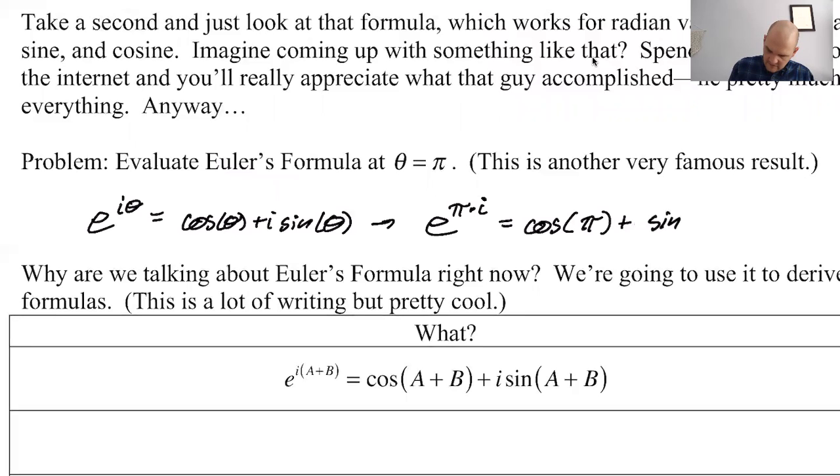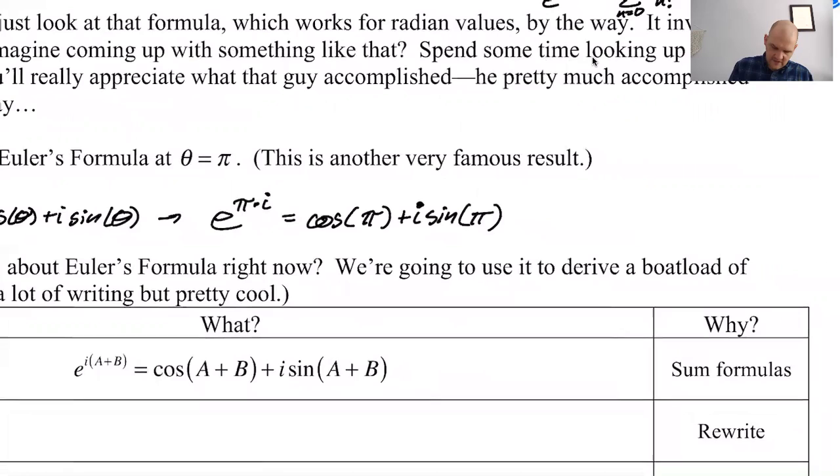Let me move this over. i times sine of pi. So what's the cosine of pi? The cosine of pi is -1. The sine of pi is 0. So really what we have here is that e to the pi i equals -1.